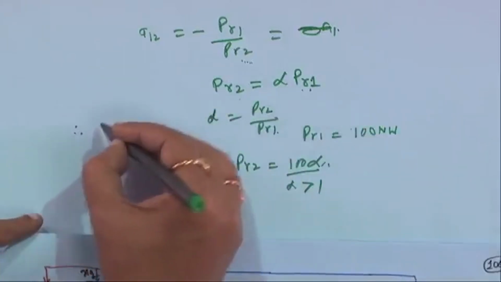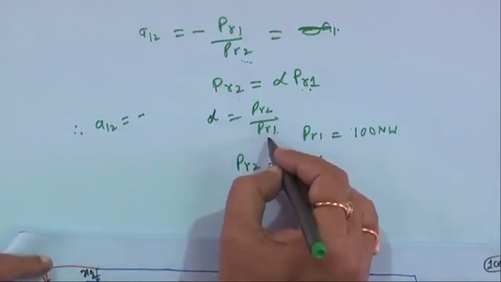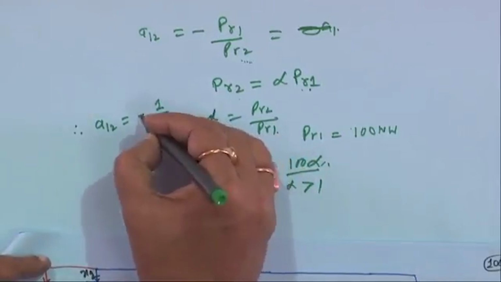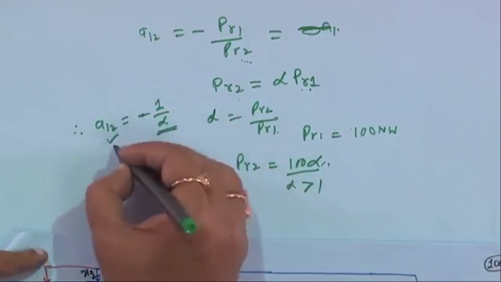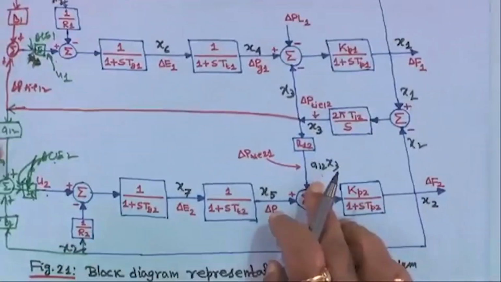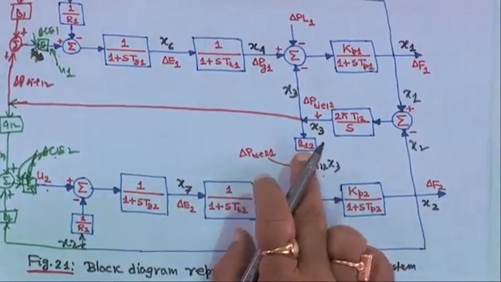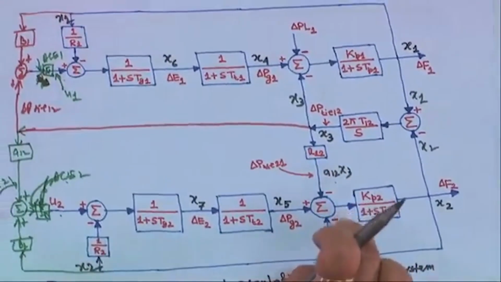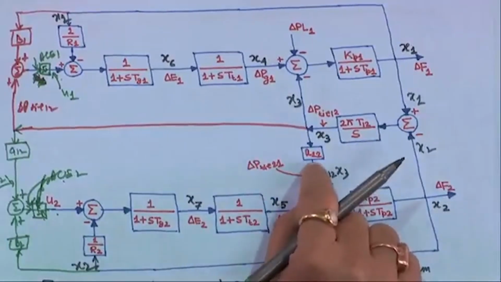A12 can be written as minus PR2 upon PR1, and with PR2 upon PR1 equal to alpha, that means minus 1 upon alpha. So if alpha is greater than 1 and goes on increasing, then the A12 value will decrease. That means when the area capacity of area 2 is increasing, the A12 value is decreasing.